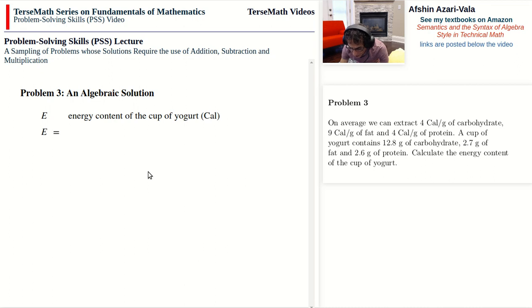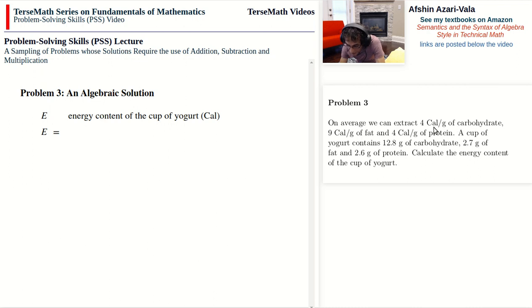So we start with E is equal to, and the argument here is that the energy content of the cup of yogurt is equal to the energy content of the carbohydrates in the cup of yogurt, plus the energy due to the fat content in the cup of yogurt, plus the energy due to the protein content of the cup of yogurt. Term number 1 will correspond to the energy contribution from the carbohydrate content of the cup of yogurt.